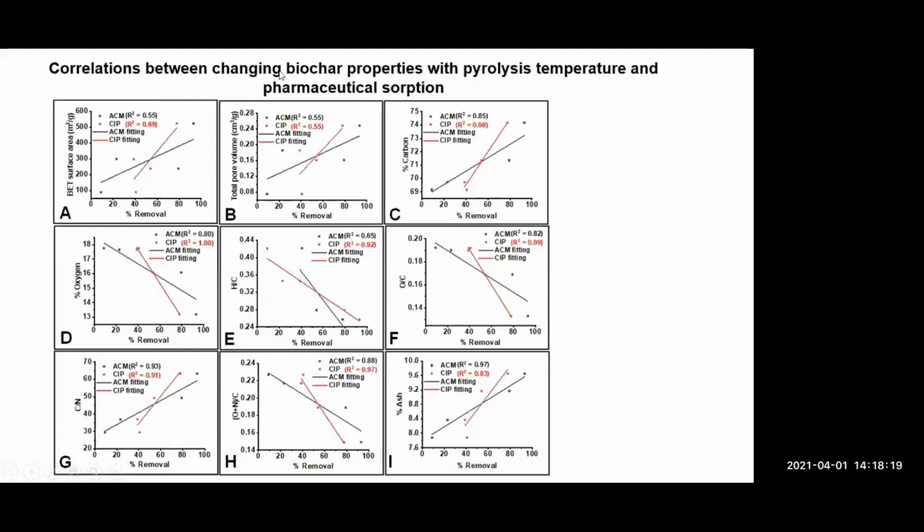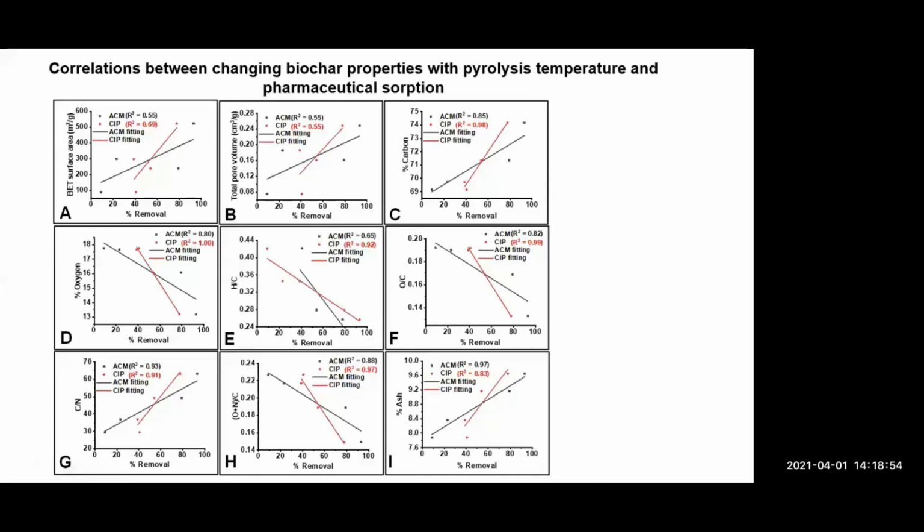Correlations. These studies provide various correlations between biochar properties with the pyrolysis temperature and pharmaceutical sorption, where we can see high correlations between percent oxygen, H/C ratio, O/C ratio, percent carbon, C/N ratios, (O+N)/C ratios, and S content with the sorption of acetaminophen and ciprofloxacin.